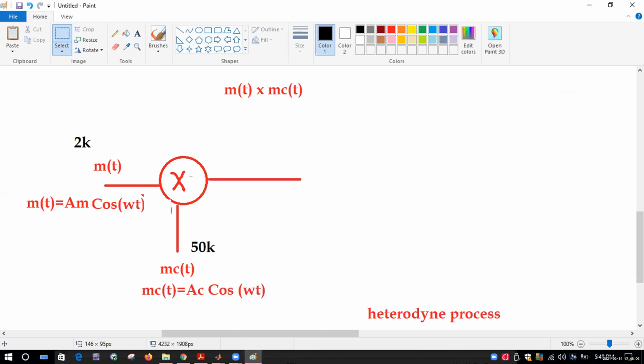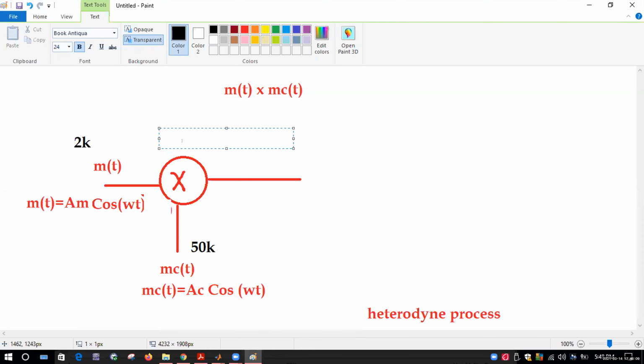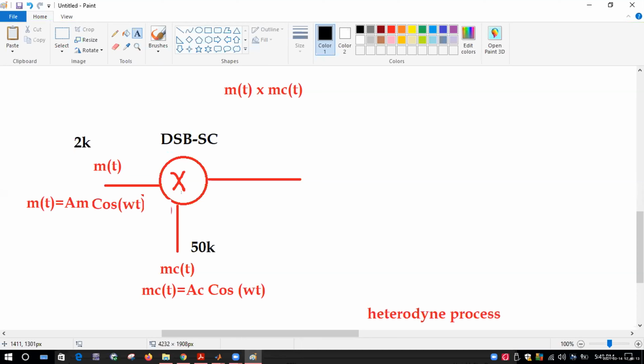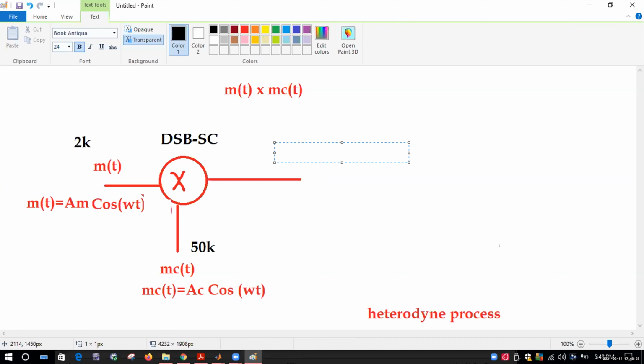If you are using a double sideband suppressed carrier modulator here, meaning a mixer which generates a signal without carrier, which removes the carrier from the output, what you will get is carrier plus message and carrier minus message.